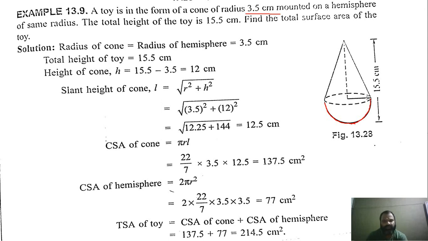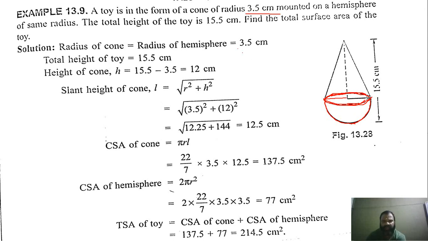So in this question, we see the base of the cone and the base of the hemisphere are the same. Okay. So the radius of the hemisphere and the radius of the cone are the same. So the radius of the hemisphere equals and the radius of the cone equals 3.5.